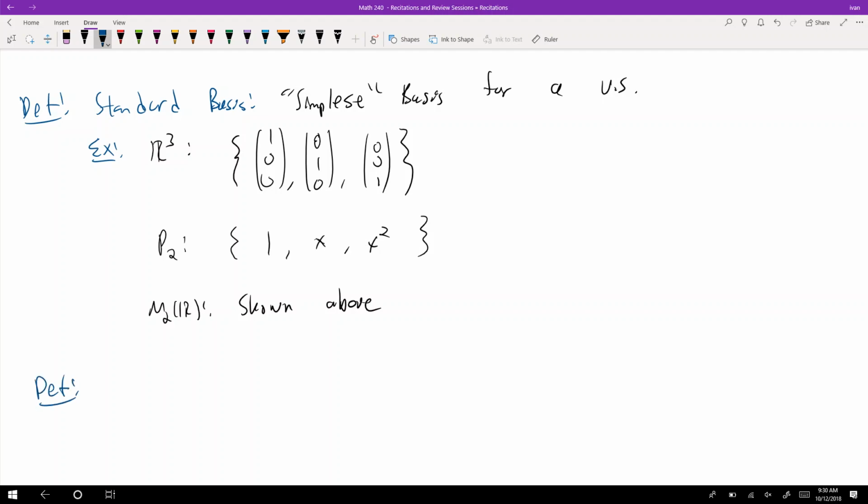More definitions. Dimension. So dimension is the number of elements in any basis for V. So the number of elements in any basis of a vector space.